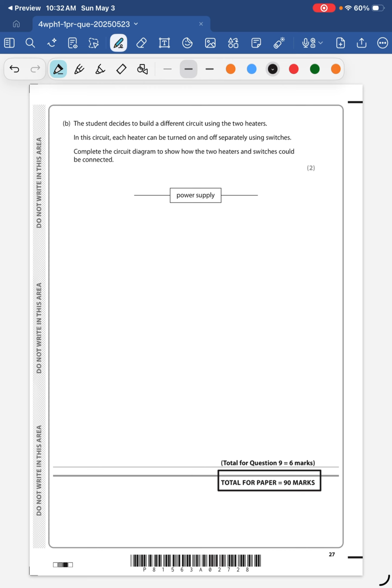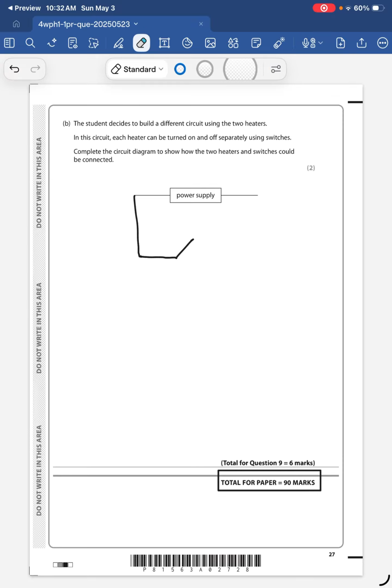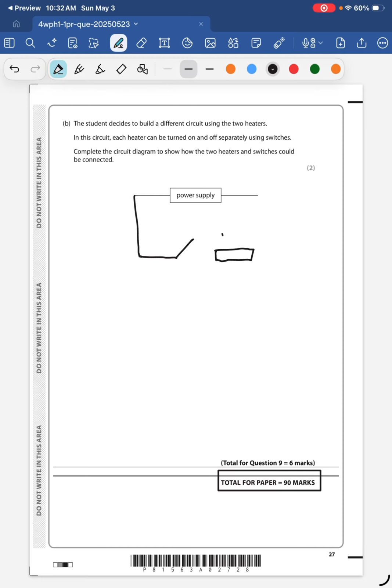Okay, so you can connect them like this, I guess. So this is the switch. Oops, I forgot. We also need the heater, so heater 1, and there is a switch, and then we can also do heater 2, and I think this is what they ask.